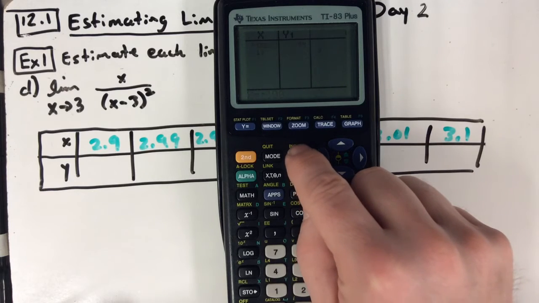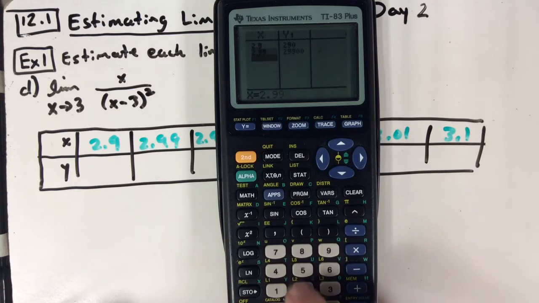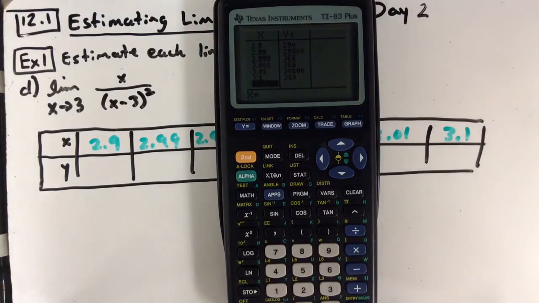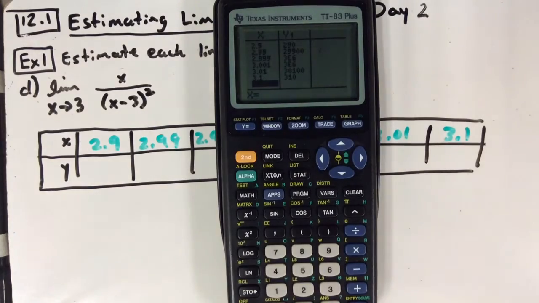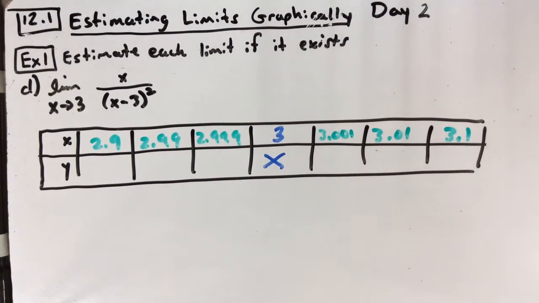Let me delete those out and then type in our new values. So there are the 6 values we will need for our table. Let me get those written in here.